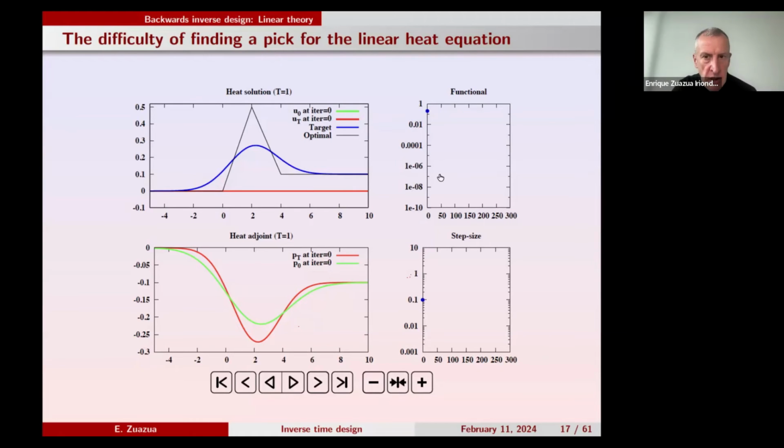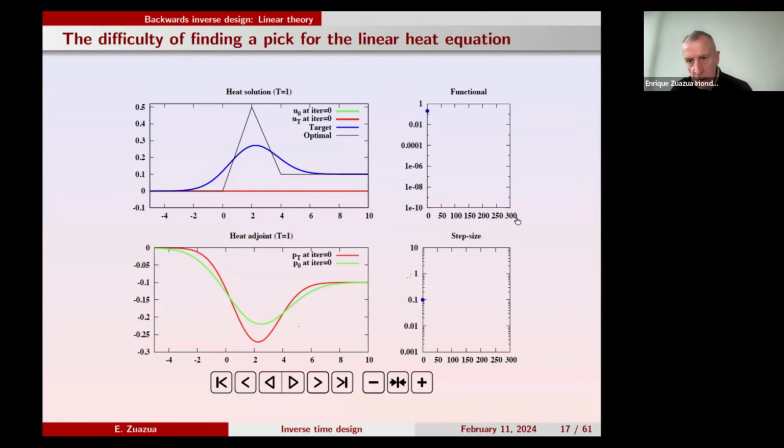What is really relevant is to see how in green, iteration by iteration, we see here the number of iterations, 300, and on the vertical how the value of the functional is going down because we are minimizing the gap to the target.